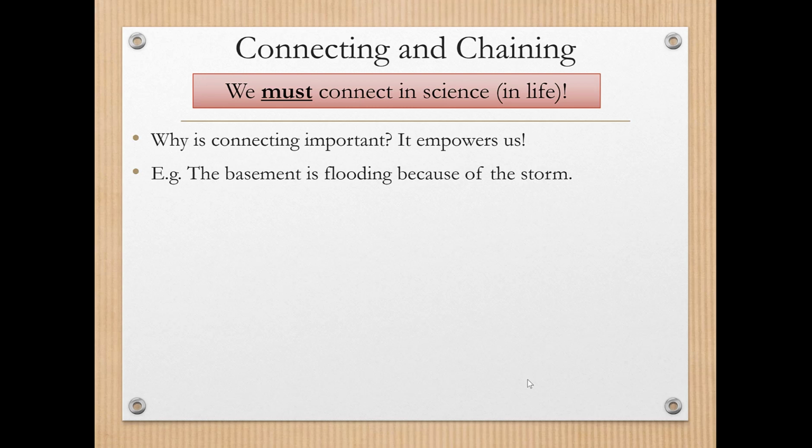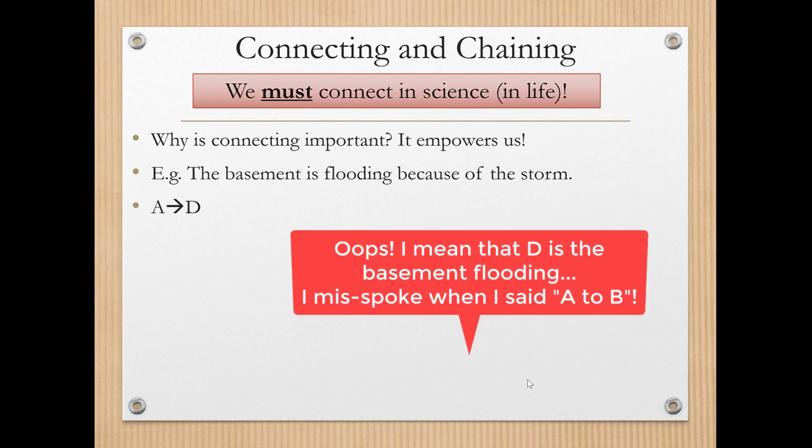A couple of years ago, there was a horrendous storm where I was living, and it turned out that my basement flooded because of that storm. This statement ends up being what I would call an A to D type description. What's happening here is we've gone from A, there being a storm in this case, to B, the basement flooding.